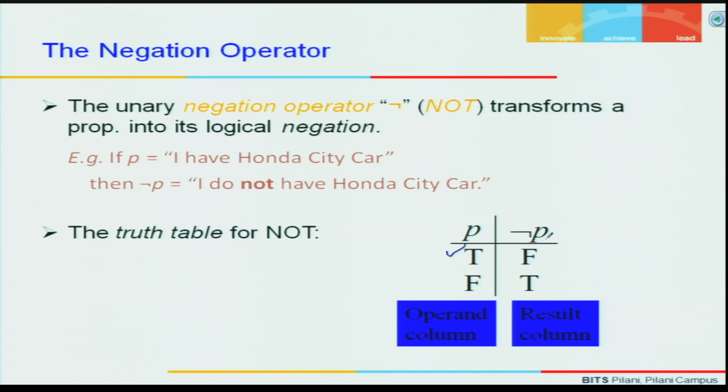Similarly, when my proposition's truth value is false, when this operator acts upon it, the resultant proposition will have its truth value as true. This is how the negation operator is defined. Intuitively it is correct. I just want the negation of the proposition, so the truth value should get reversed. So this is the negation operator.